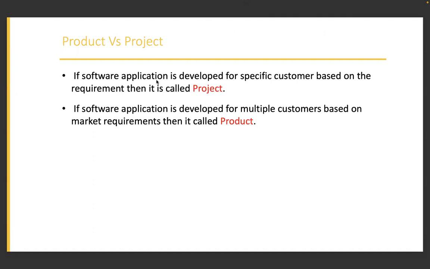You might have heard about Dream11. Dream11 is purely a product based company, guys. Dream11, MPL, whatever you have heard about, cricket related, all those organizations are product based organizations. They have only one product and they are continuously working on the same product. That's it.